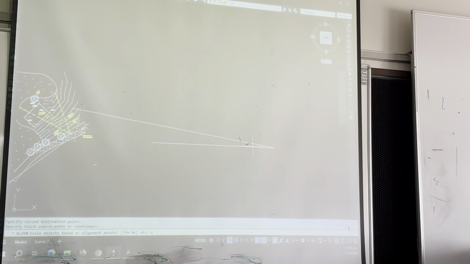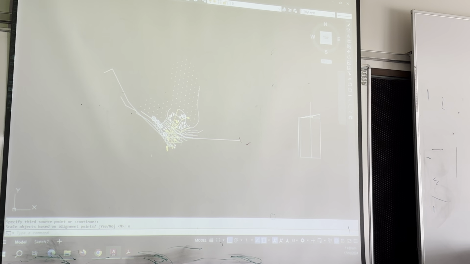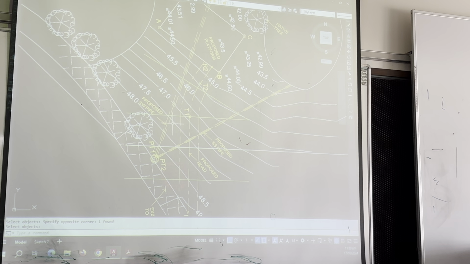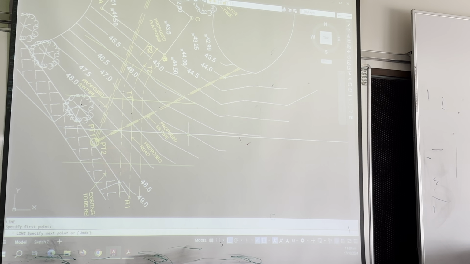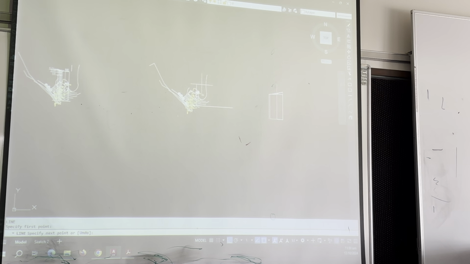No scaling, and there it is. Okay, so let's draw this cross section up. So a line from here up 46.5.